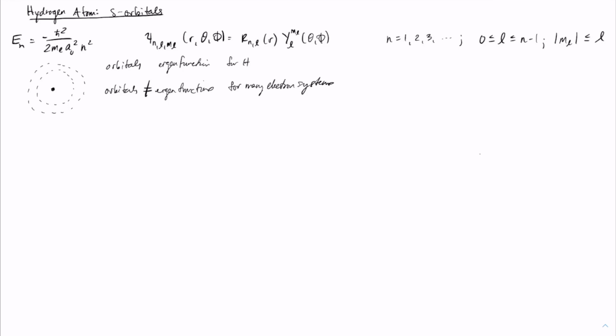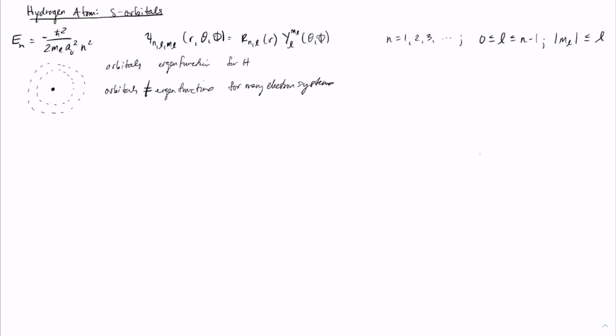By many electron systems, I mean many electron atoms, so helium or lithium or anything else, or polyatomic molecules. Anytime you add a second electron in, these become conceptually very different quantities. The orbital describes the spatial distribution of a single electron, but the eigenfunctions of the Hamiltonian are many electron systems.